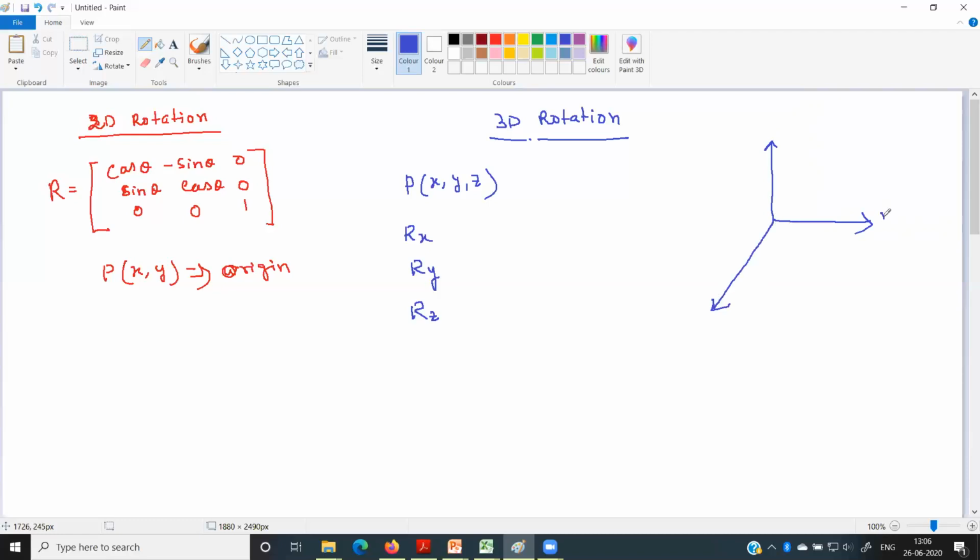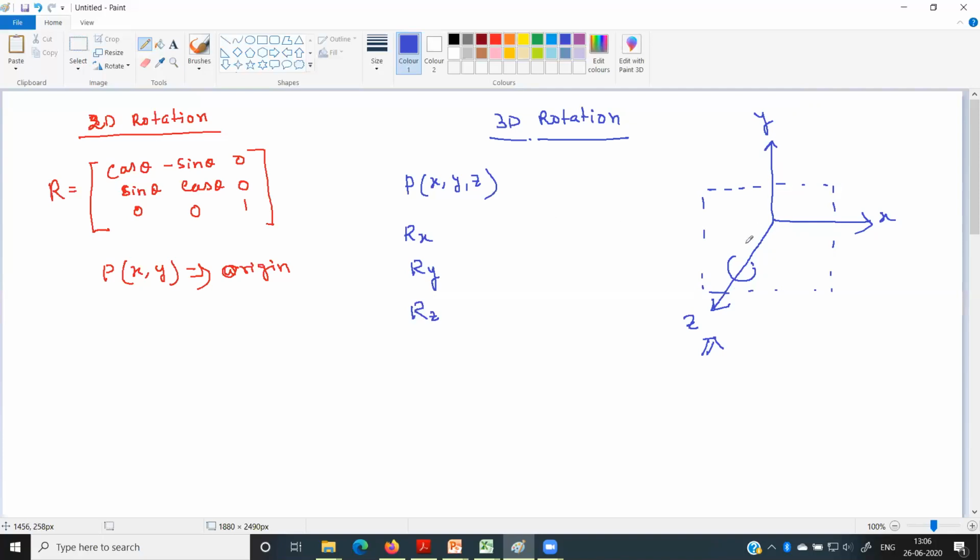So this is our x, y, z. We are observing the rotation in this direction. Rotation is counterclockwise. That indicates the object will rotate in this plane. So what is this plane? This plane is xy plane.